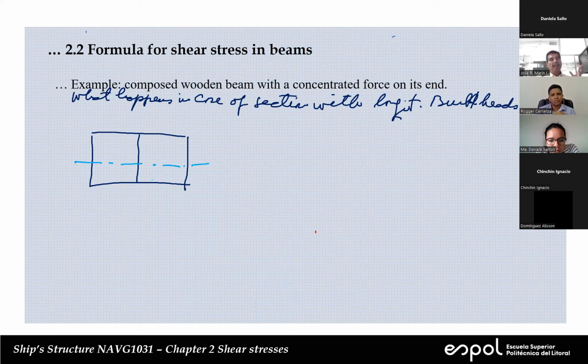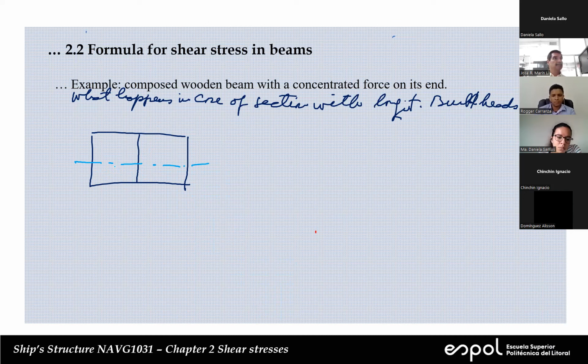Now let's suppose that we have a positive shear force on this section. What's going to be the distribution of the shear stress on the sides? You think it will point upward or downward? The shear force is positive.